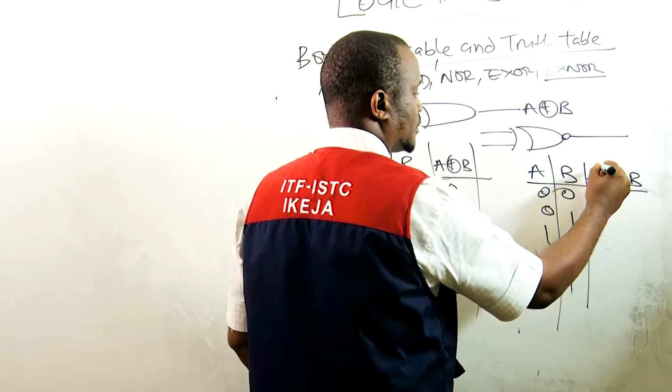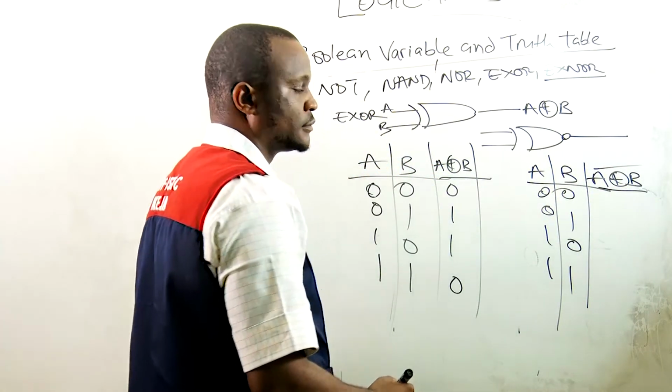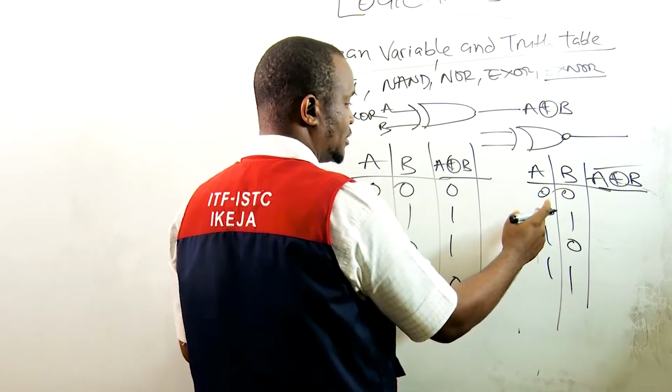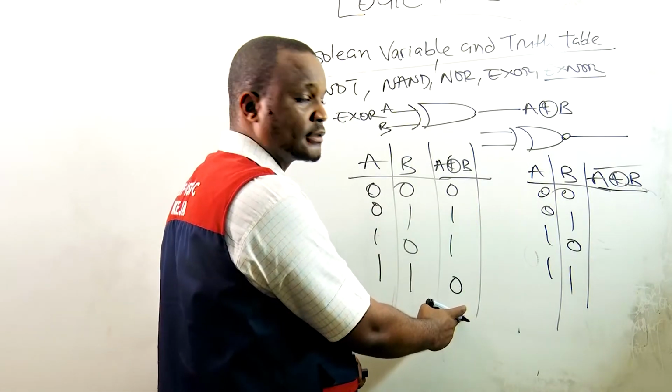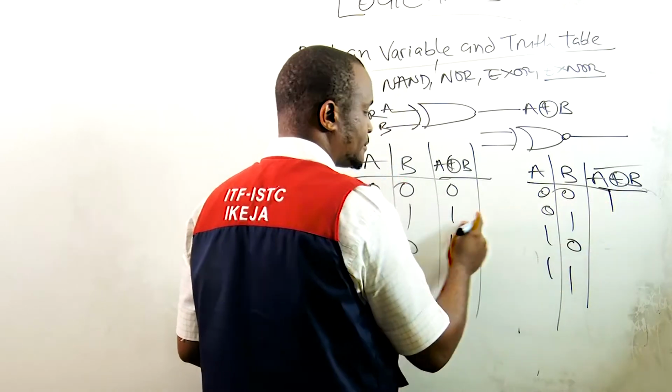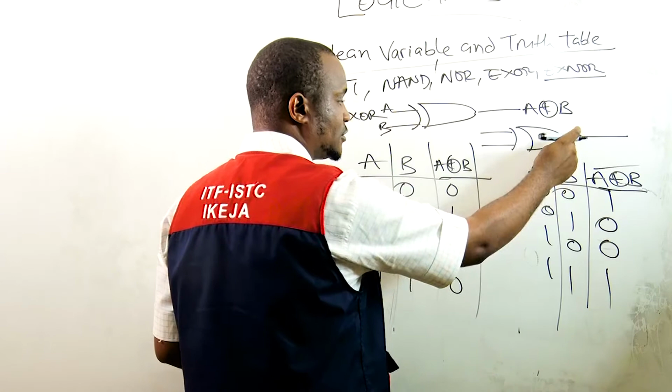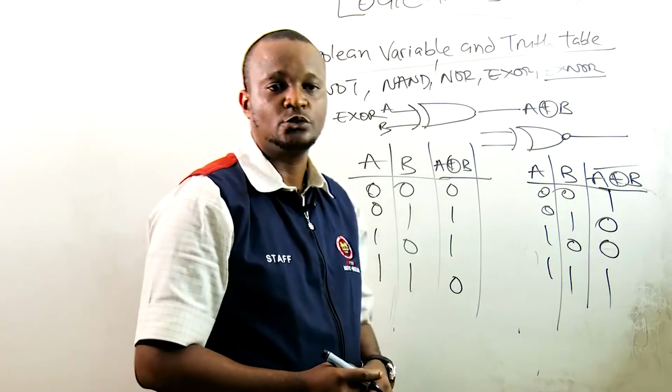So it seems like the opposite of the other one, which means just like inverting these answers. So 0 here you have 1, here you have 0, 0, 1. Remember, it has gone through the NOT. So that's the truth table for that.